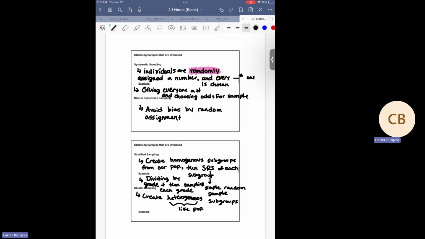So we're creating heterogeneous subgroups, and we are using one whole subgroup as a sample.